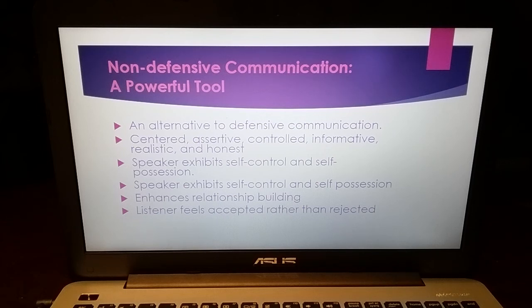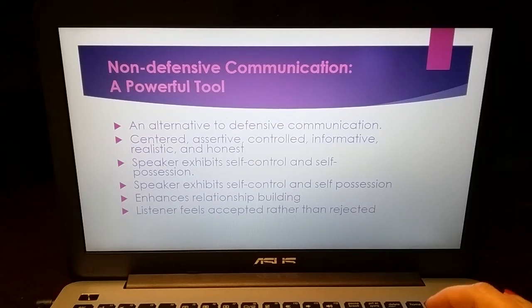It should be honest. It should be informative. It should be realistic. It should be always controlled and assertive. You don't want to back off too much with it, but you want to make sure that what you're saying is true and is informative. And this will lead to better workplace relationships.